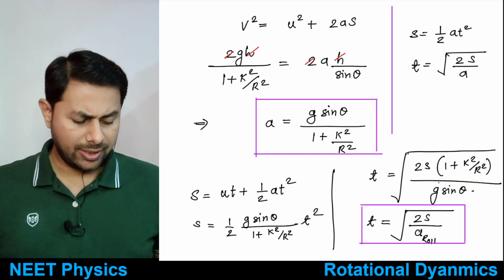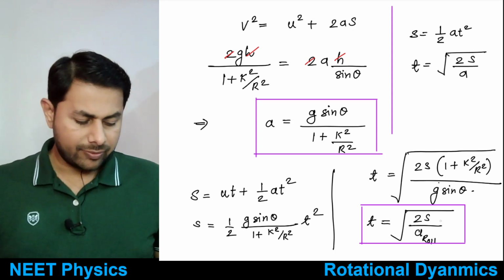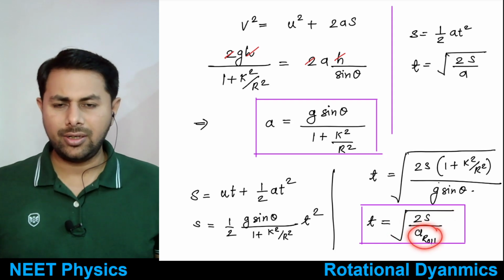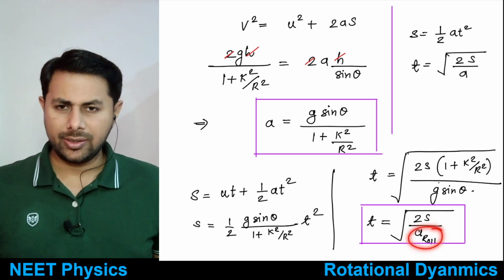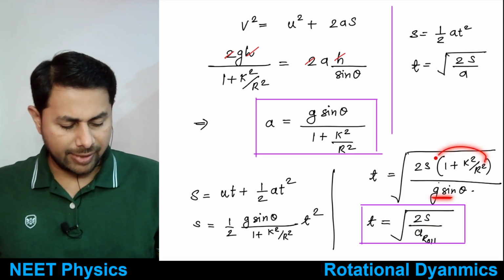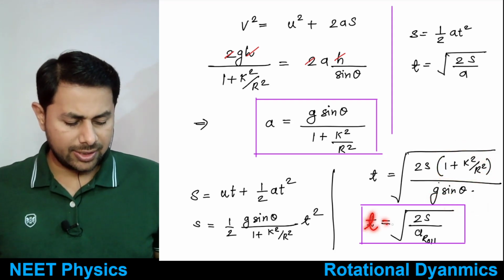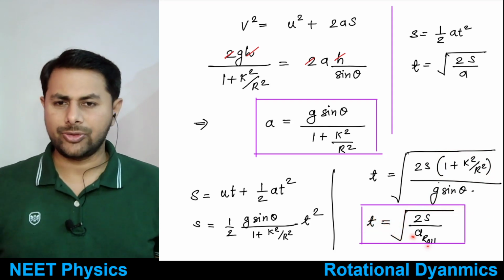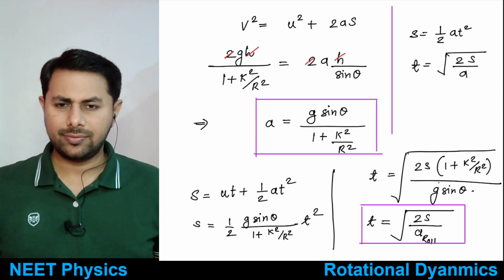You can write this as t is equal to square root of 2s divided by acceleration in rolling motion, the acceleration of a body rolling down an inclined plane, which is g sine theta divided by 1 plus k square upon r square. So t is equal to square root of 2s divided by acceleration in rolling motion. Okay, this is clear? Yes, no?